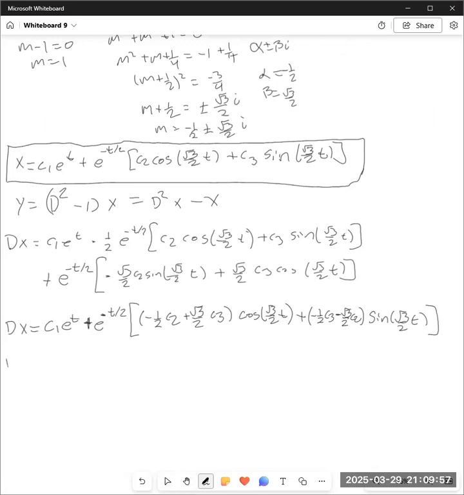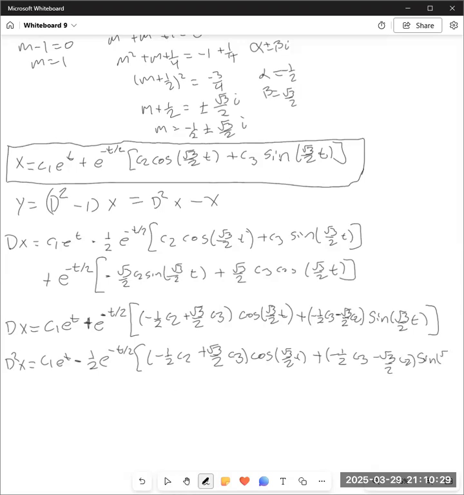Then D2x is c1 e to the t minus 1/2 e to the negative t over 2 times all this, plus this times the derivative of the inside, which is negative root 3 over 2 times all this.